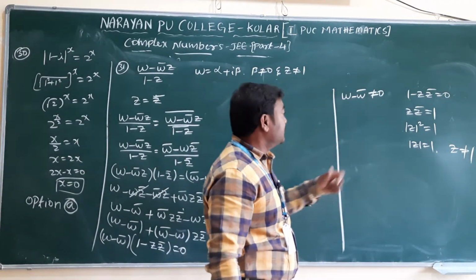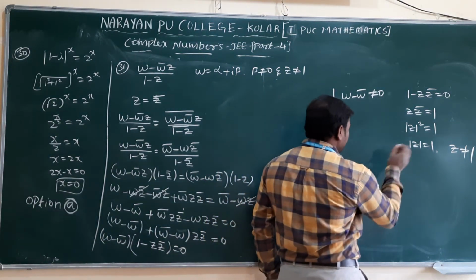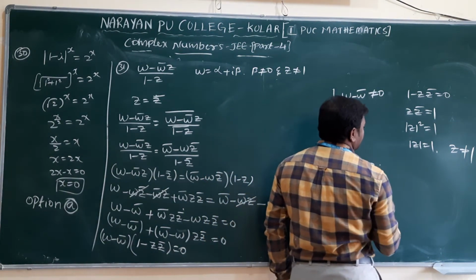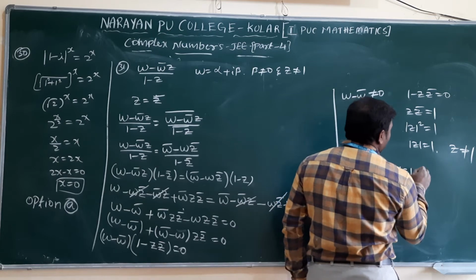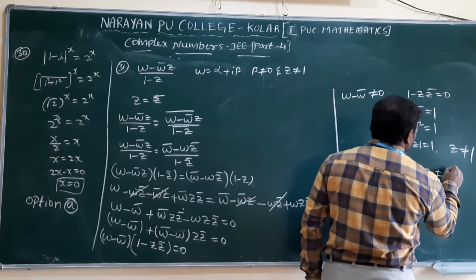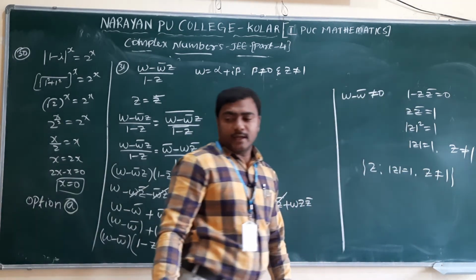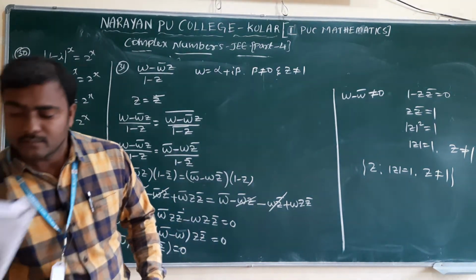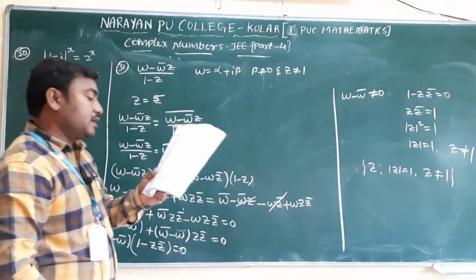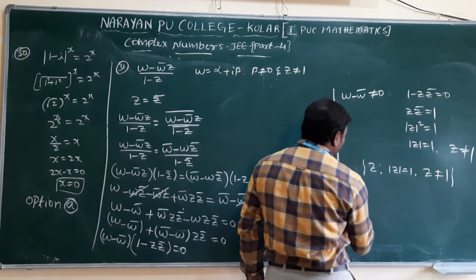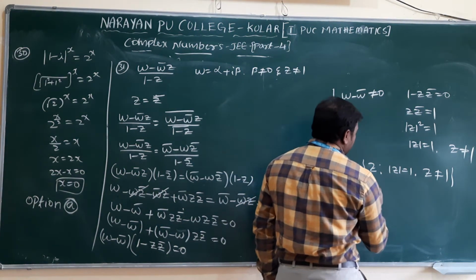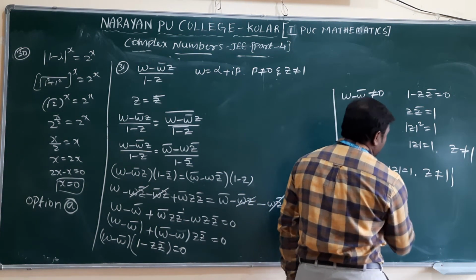In set form, {z : |z| = 1, z ≠ 1}. Option D is the correct option.